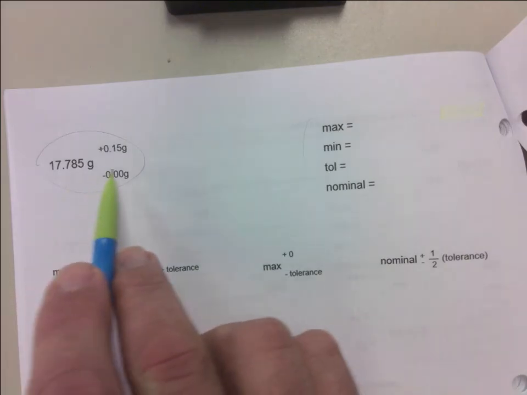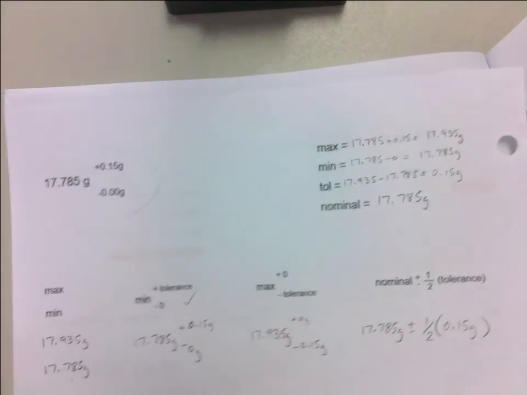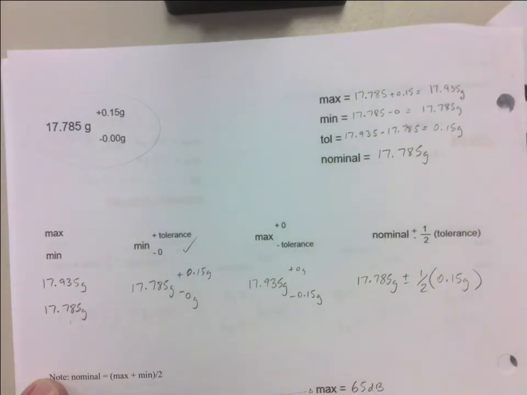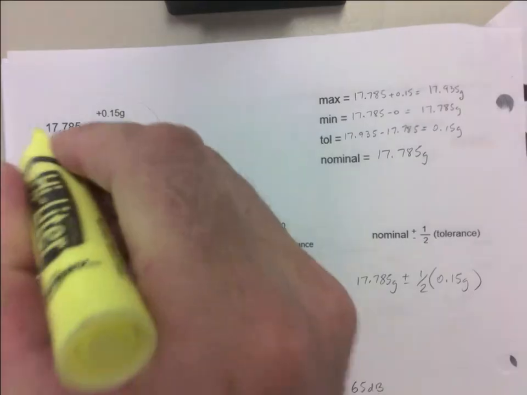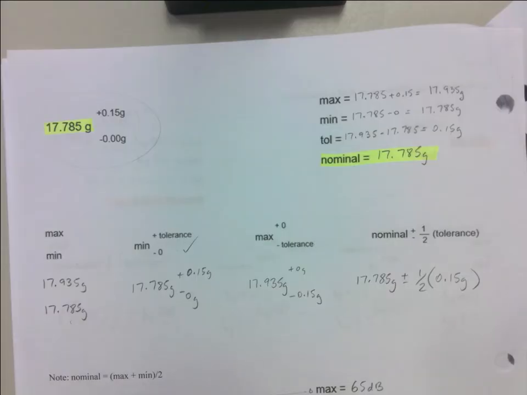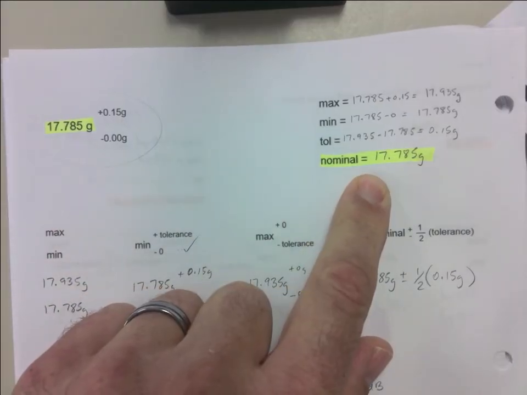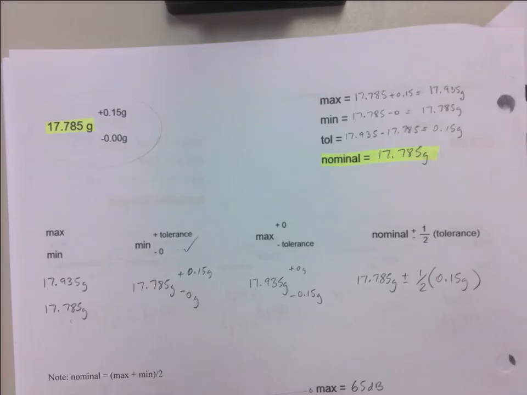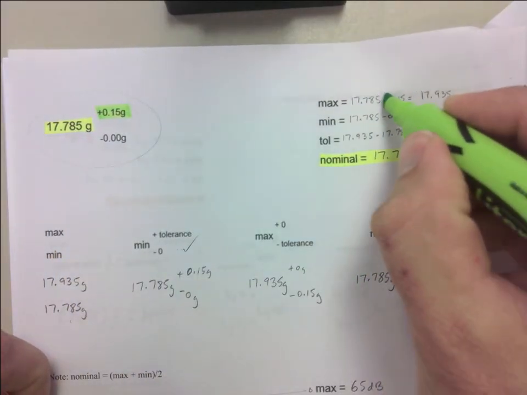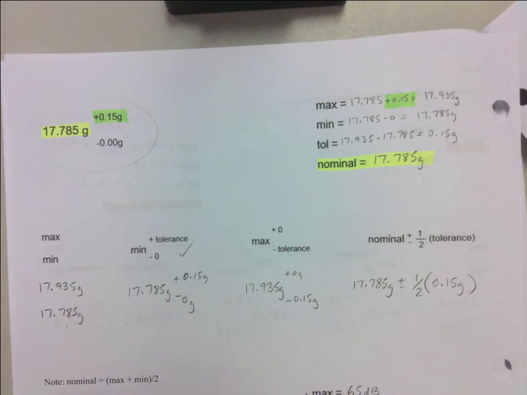So the first one, I'll just show you the key for that one. Okay. The first one, I grab my nominal. I grab this first number here, and I immediately say that that's my nominal. I just have to go grab it. Then I proceed to figure out the maximum and minimum, right? So to get the max, you just add whatever top number is there.